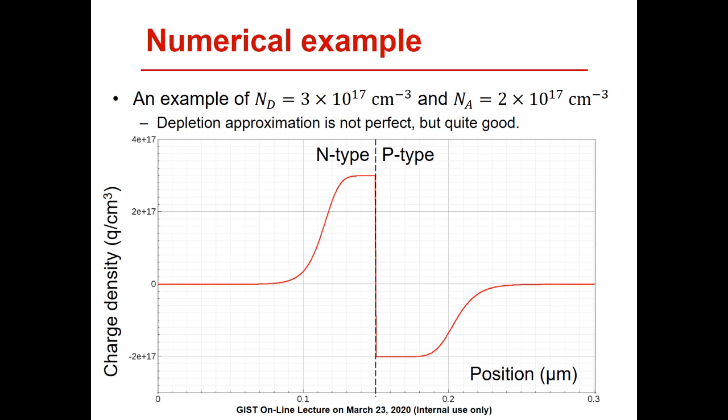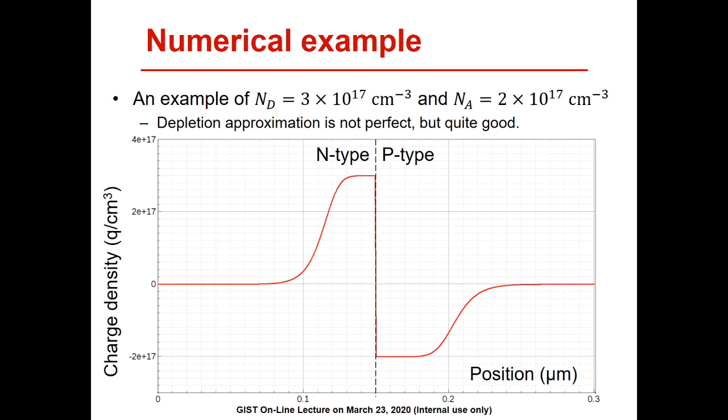Before deriving some equations, let's have a look at this numerical example. In this example, the donor density is 3 times 10^17 per cubic centimeter and the acceptor density is 2 times 10^17 per cubic centimeter. The y-axis variable is the net charge density.